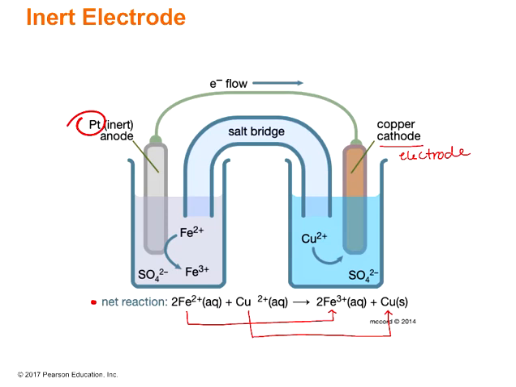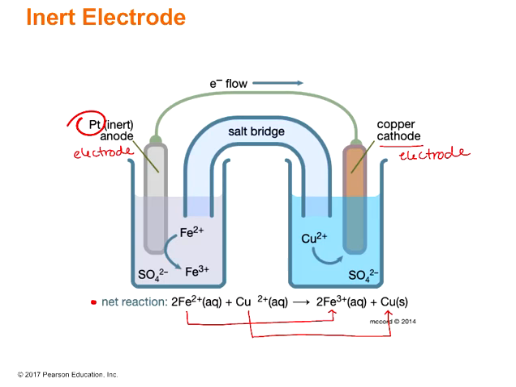Now, sometimes you can also use things like graphite, which we mentioned earlier. Graphite is probably cheaper and easier to come by, but platinum is also a pretty common electrode. And that would be our anode.